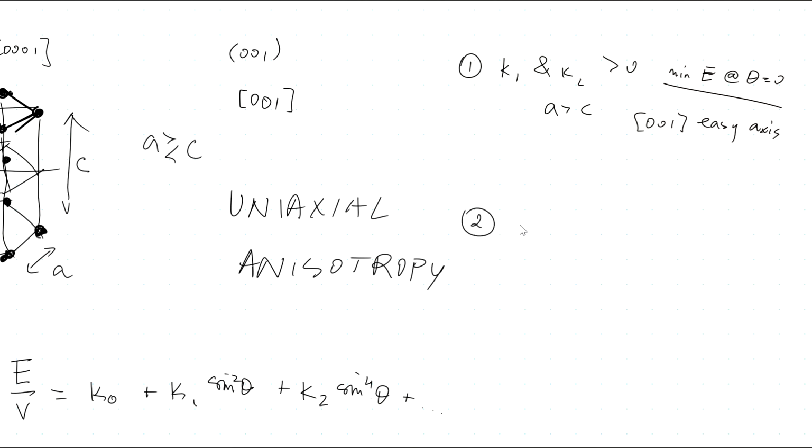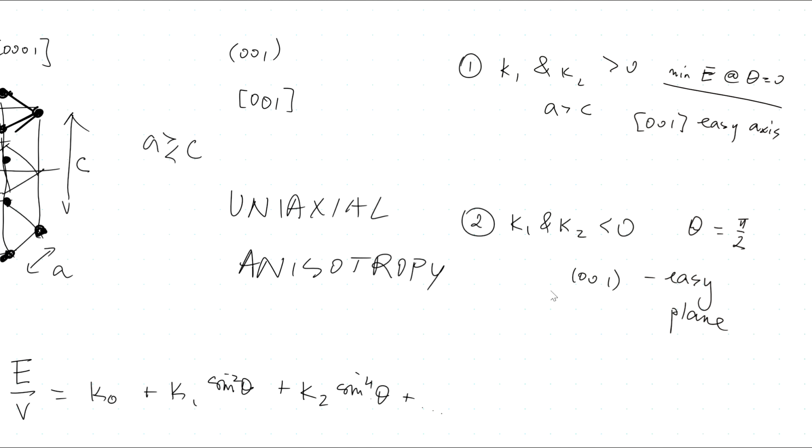Second possible case, if K1 and K2 are both less than 0, then the energy has a minimum when sine theta is at maximum. And in this case, that is happening at theta equal to pi over 2 or 90 degrees. And that means that our 0, 0, 1 would be an easy plane.